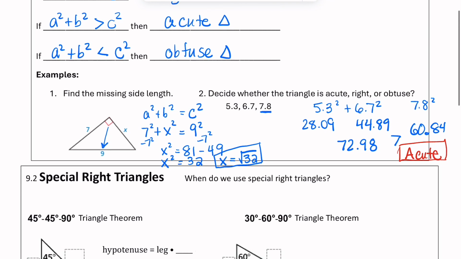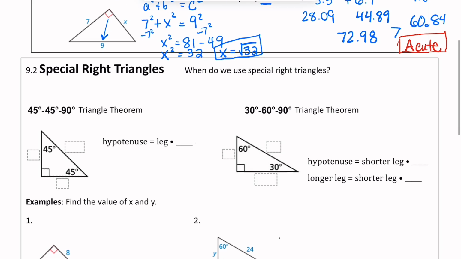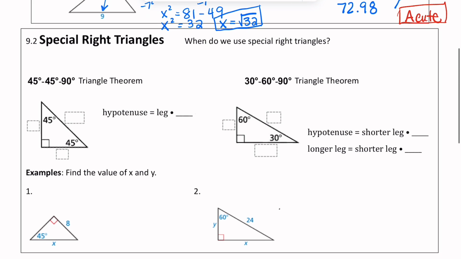All right, the second topic that we talked about in this chapter is special right triangles. The first special right triangle is a 45, 45, 90 triangle. And these have special properties. When the sides are both 1, the hypotenuse is going to be square root 2. Basically, whatever the legs are, you're going to multiply that by square root of 2 to get the hypotenuse.